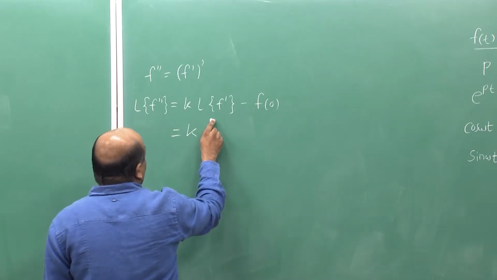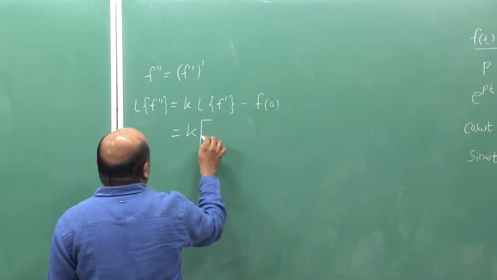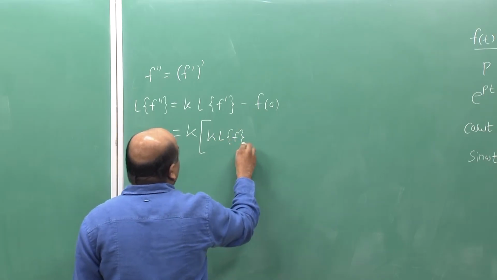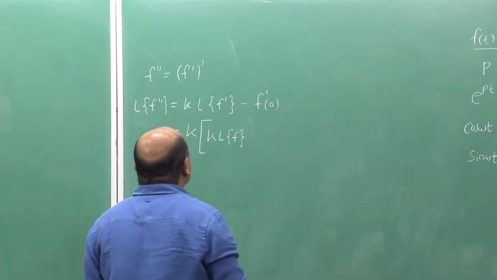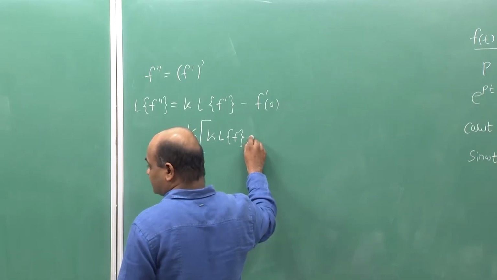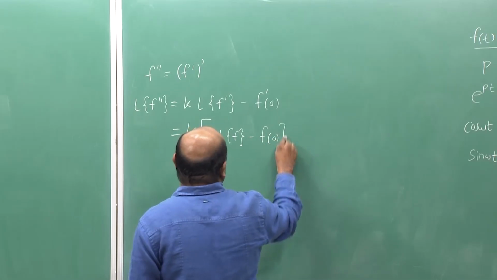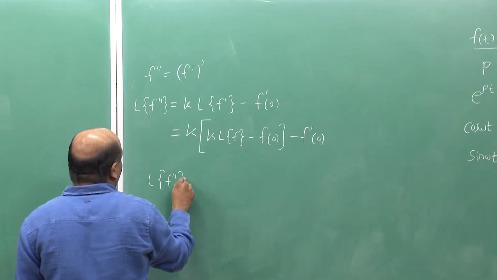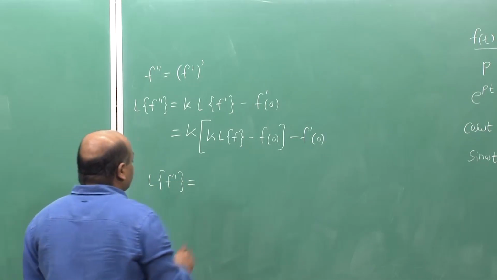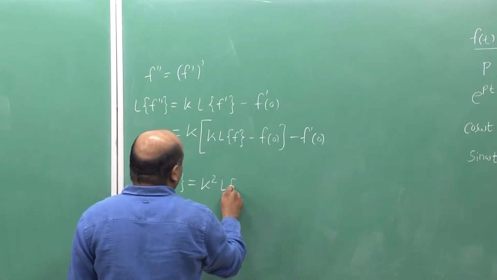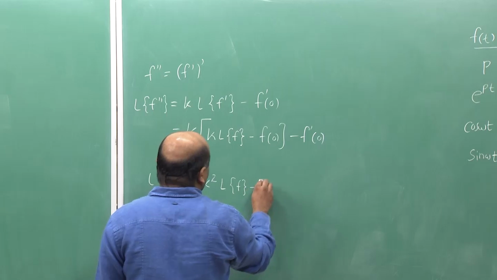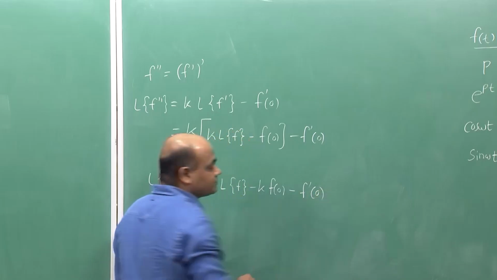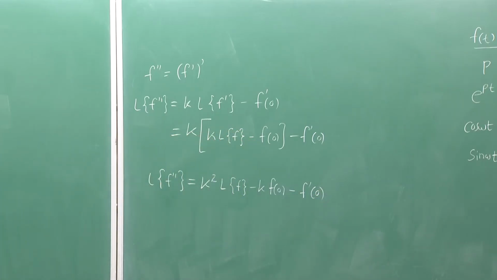Again substitute for L of f prime, it should be k times L of f minus f of 0 minus f prime 0. So, L of f double prime should be equal to k square times L of f minus k times f of 0 minus f prime 0. So, this proves our second formula.